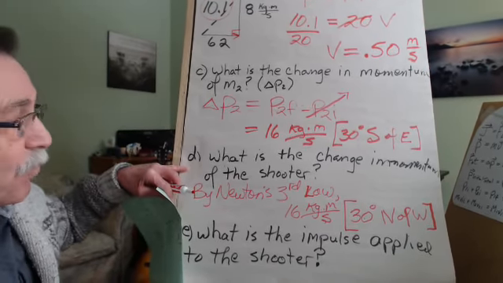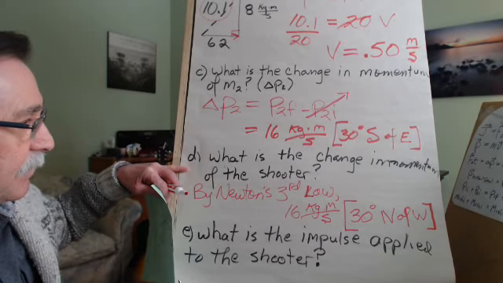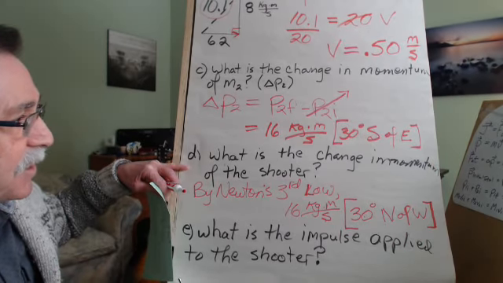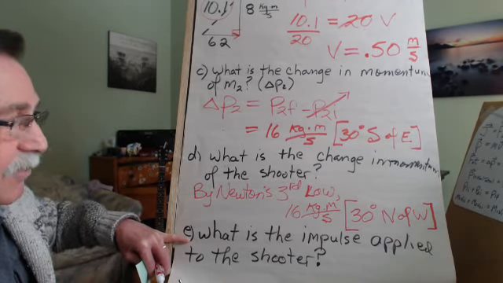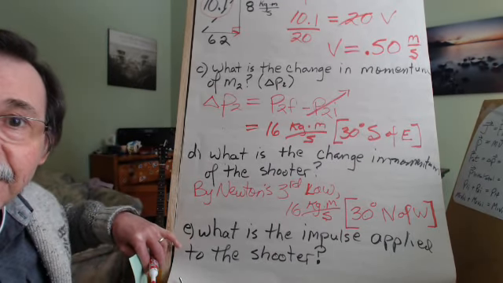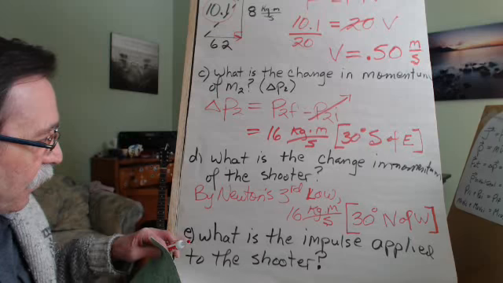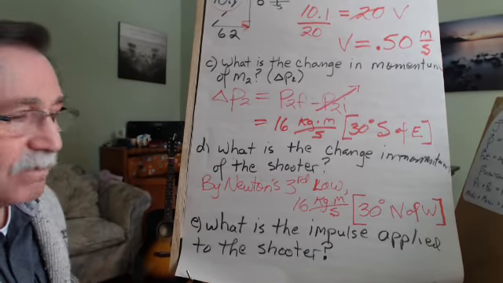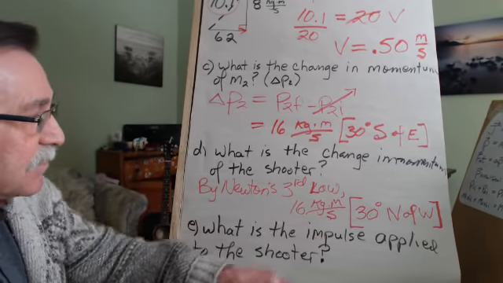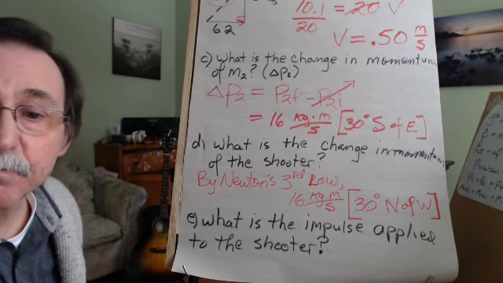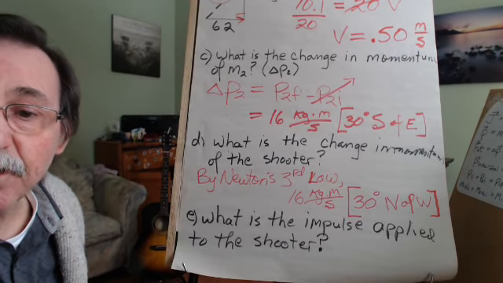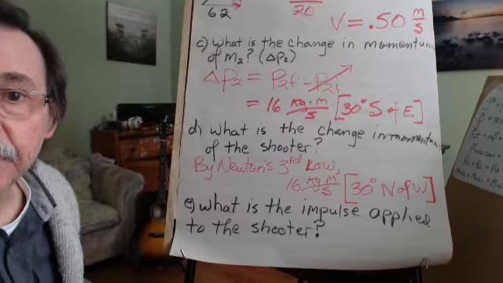Impulse is the change in momentum. So if impulse is the change in momentum, this just looks like a different question, but it's not really. So what is the impulse applied to the shooter? Same answer as that, 16 kilogram meters per second, 30 degrees north of west.